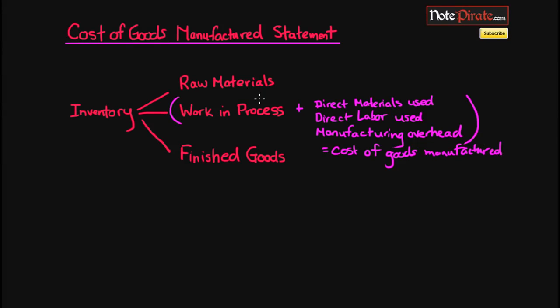And I should say that it's not work in process, the balance, that's going to be added, it's going to be the change in work in process. This is just the delta symbol from the Greek language, which just means change in.